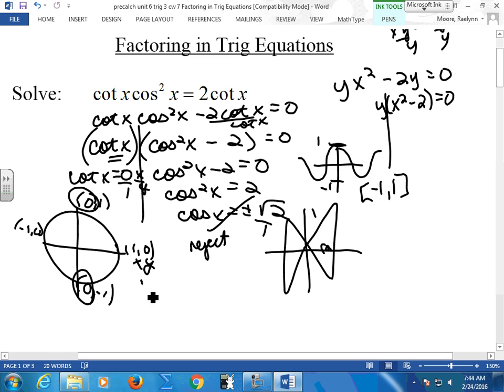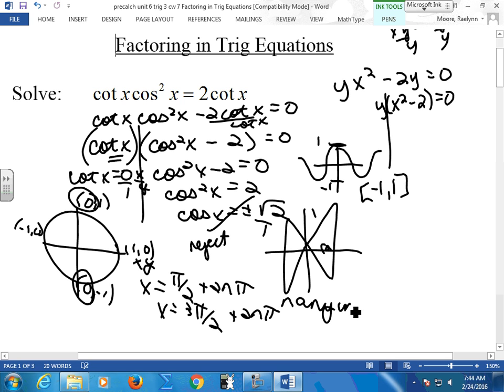So my angle is pi over 2 and 3 pi over 2 plus 2n pi, n is any integer. Okay, that gives me all possible solutions for this guy. Do I have to?